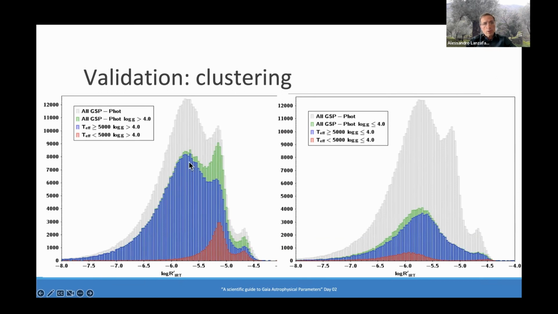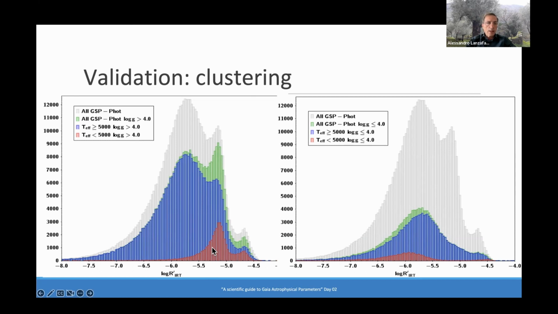In blue you have the temperature higher than 5,000, and in red the temperature lower than 5,000. So you see that below 5,000 there is essentially no minimum, there is a unimodal distribution of stars in chromospheric activity, and this bump here is due to the pre-main sequence stars with accretion.